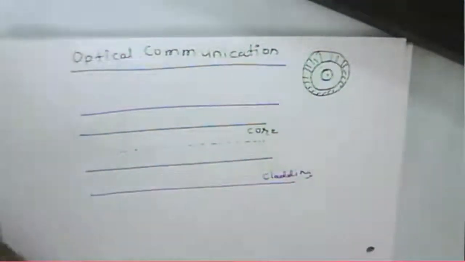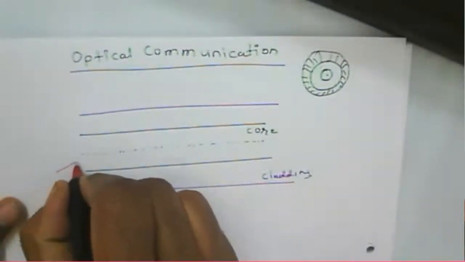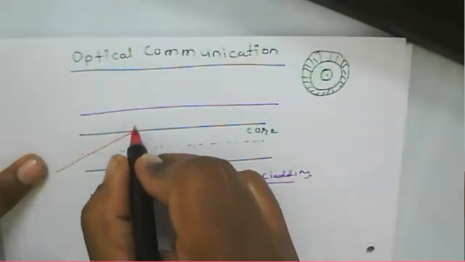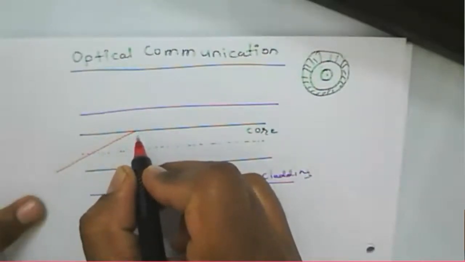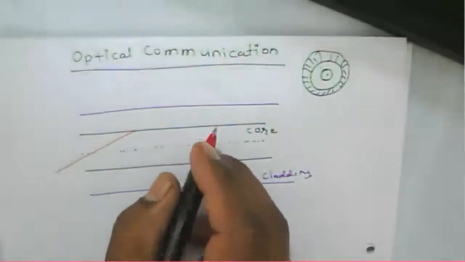Now when light propagates through the fiber, what happens? At the boundary of the core and cladding, the light will be reflecting. Why will this light be reflecting?